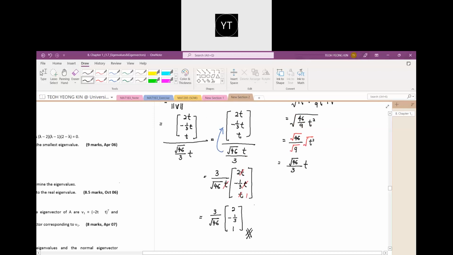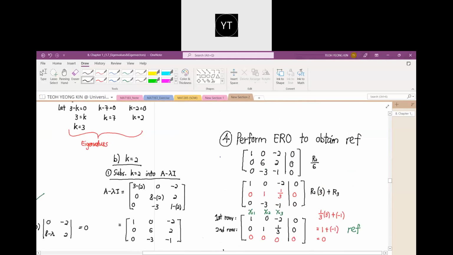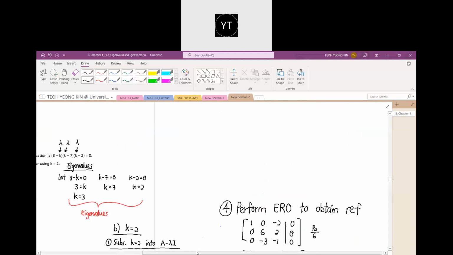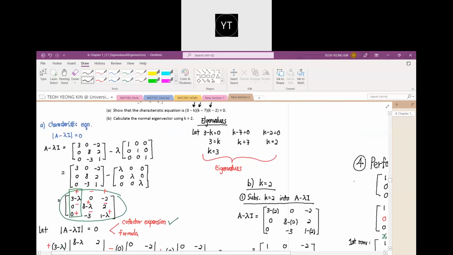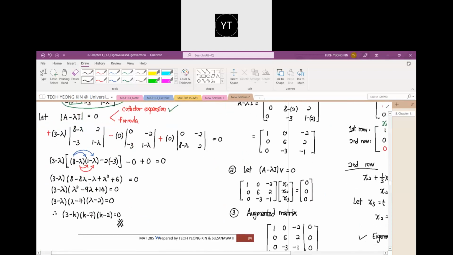So this is how we're going to find the normal eigenvector. So bear in mind, in order to find the normal eigenvector, untuk nak cari normal eigenvector, so first we need to find the eigenvalue. Kita kena cari eigenvalue dulu. Dan in this question, eigenvalue is not given, but we try to show.